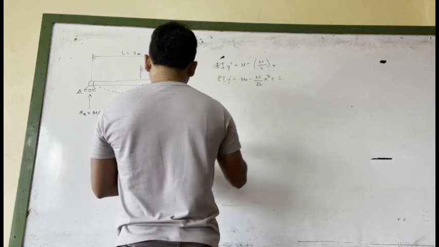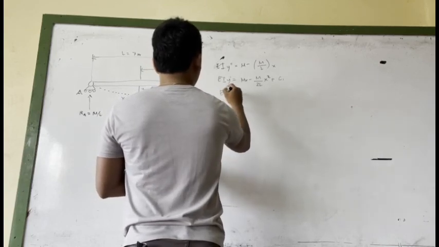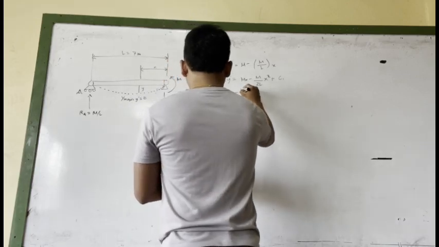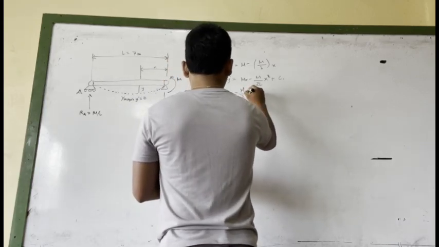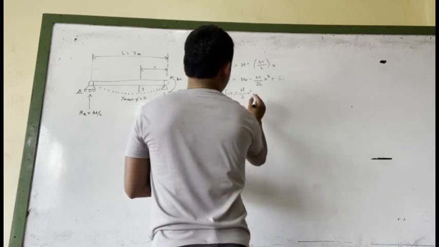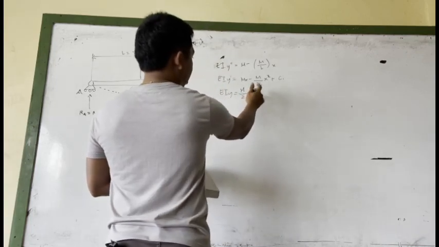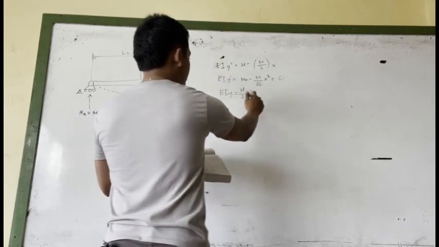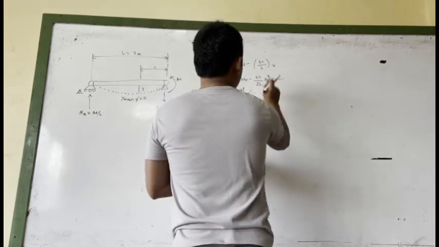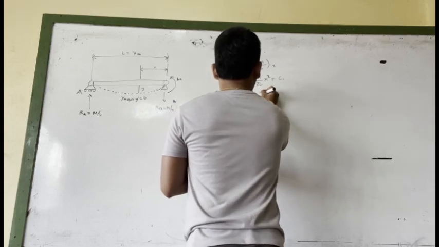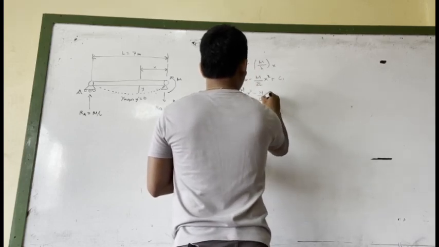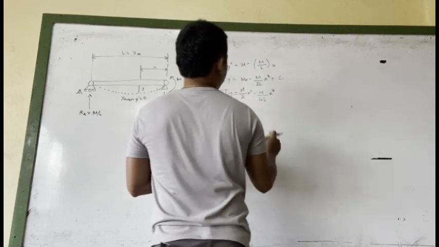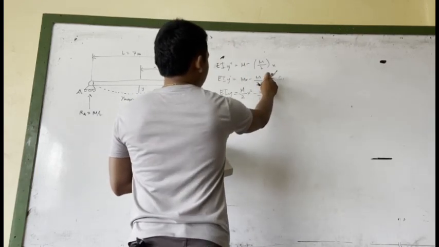So for the third, we will make it Mx squared over 2. Again, the numerator of the x squared, which we have integrated, is brought down to the denominator and applied to the other terms. So M over 6L x cubed.